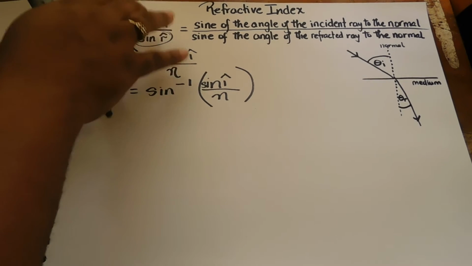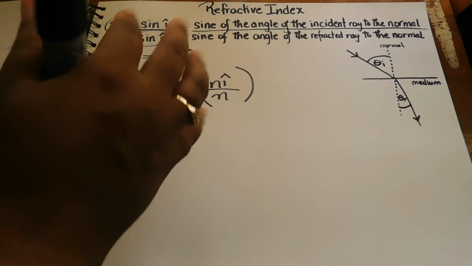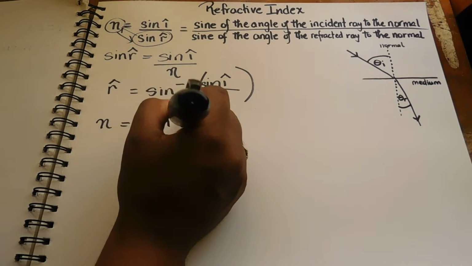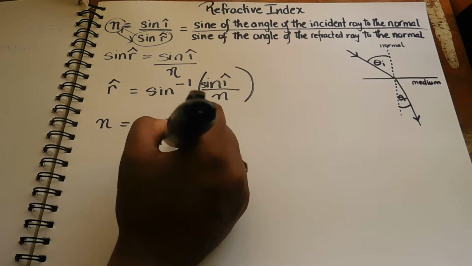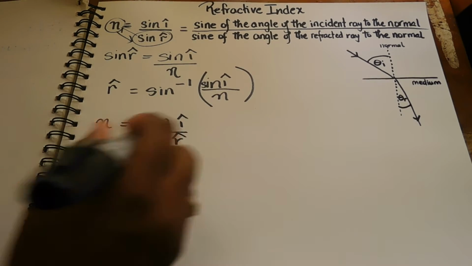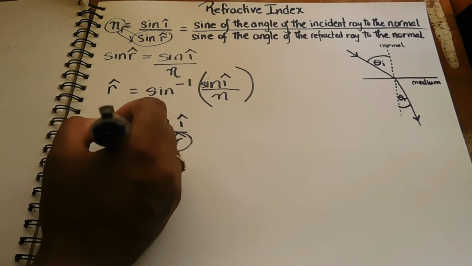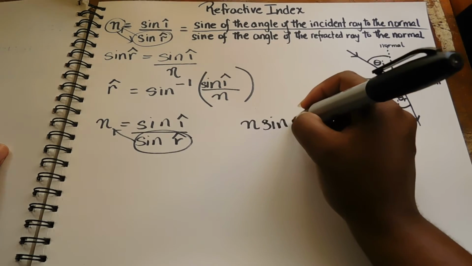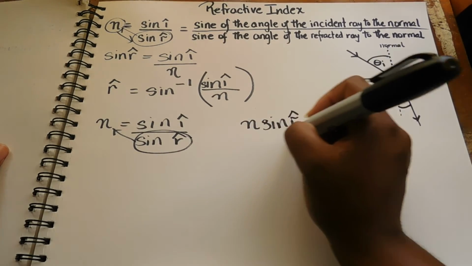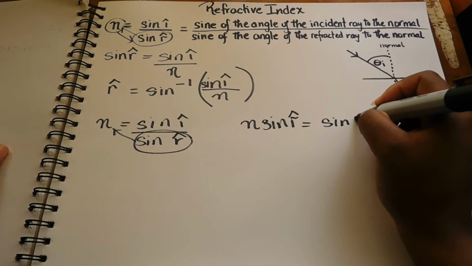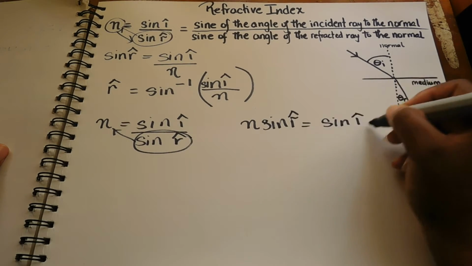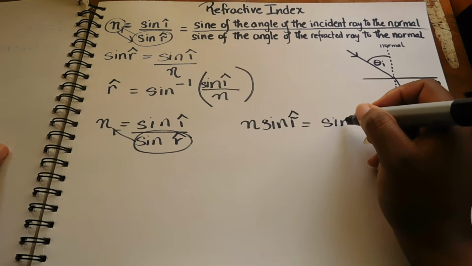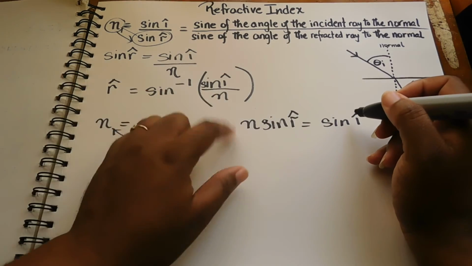The same thing if you want to find the angle I: you have n equals sine I over sine of angle R. So you want to find I, you move this up, and you end up with n sine R equal to sine I. To get I, you do the inverse, and just like what we did here to get rid of sine, you do the same thing here.